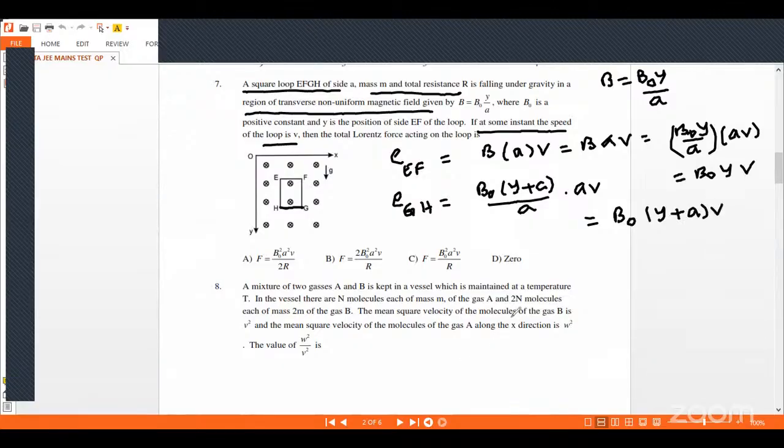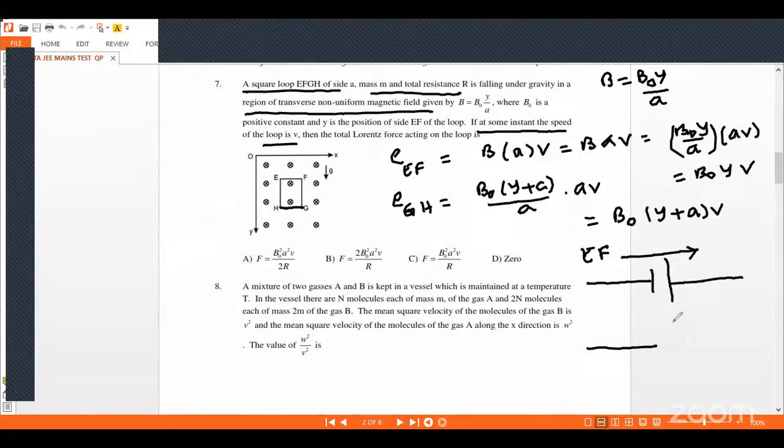Now, in the EF, you can see, as it is moving, current is moving towards right, and even in the GH, it is opposite in direction.